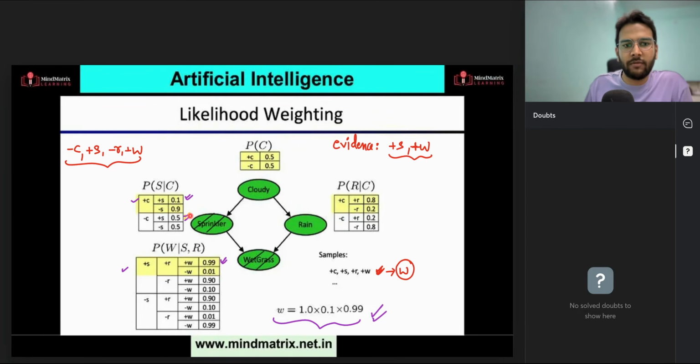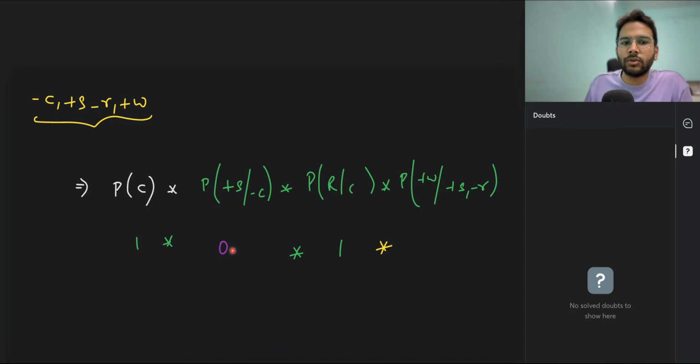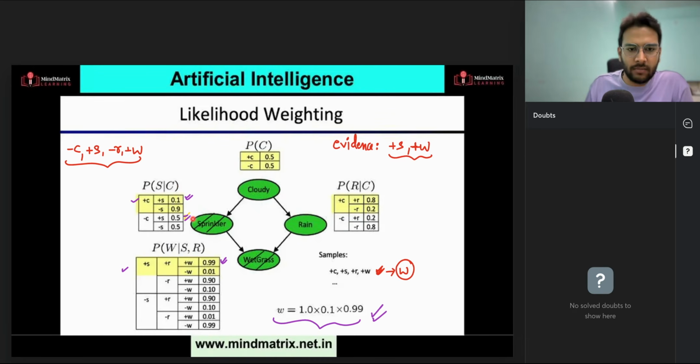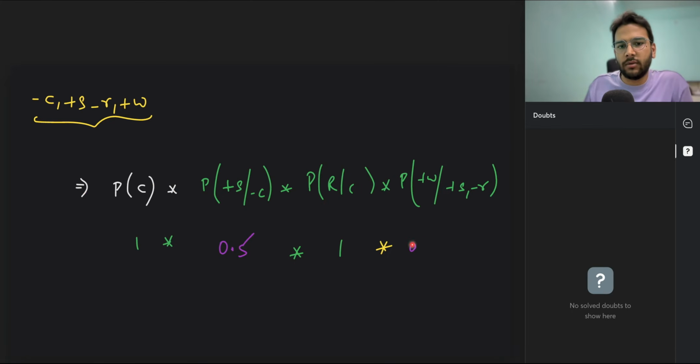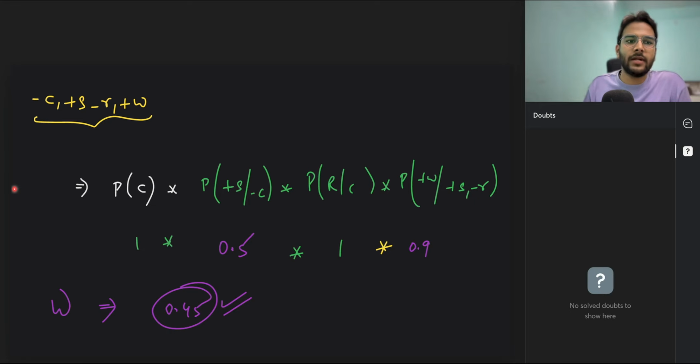And plus W given plus S minus R is 0.9. So the final answer, the weight for this one, is 0.45. Is it clear? Any doubt, anyone? If you have any doubt, please ask. Okay, shall we proceed now?